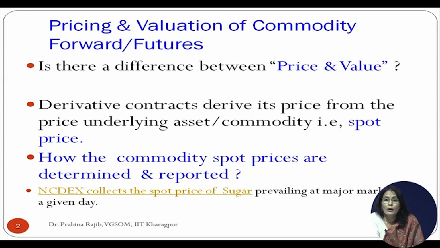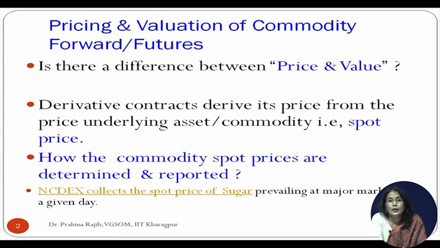Now you know that commodities trade almost everywhere. Let me give an example. If you go to your neighborhood shop and ask to buy a packet of sugar, each of you, whoever is seeing this video, I'm sure will get a different price depending upon where you are, whether you are in a rural town or a big shopping mall, or depending upon which state, you may end up paying a different price.